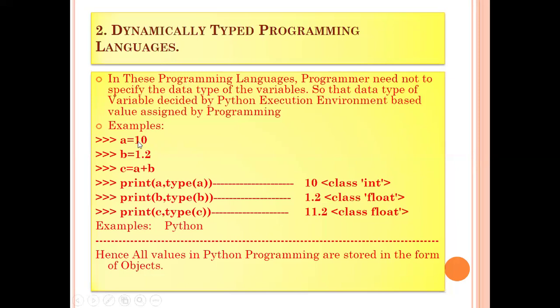A is equal to 10, B is equal to 1.2, which is a float data type. Now C is equal to A plus B. When I write print type of A, I get class integer. Print type of B, this is class float. We are not declaring it; we are getting the output on our own. All the values in the Python programming language are stored in the form of objects.